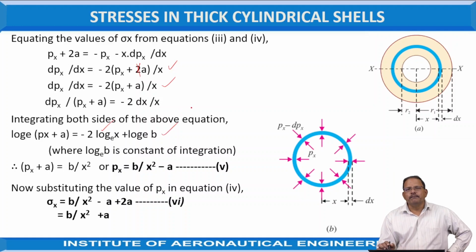I am assuming the constant is equal to log e b. So from this relationship we can write px plus a is equal to b by x square, because taking the minus sign, it is 1 by x to the power 2, that is x square. Here b is there. It can be written as px is equal to b by x square minus a. This is equation number 5.